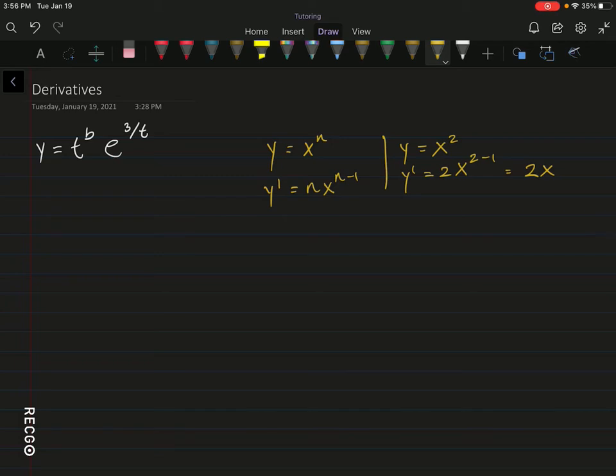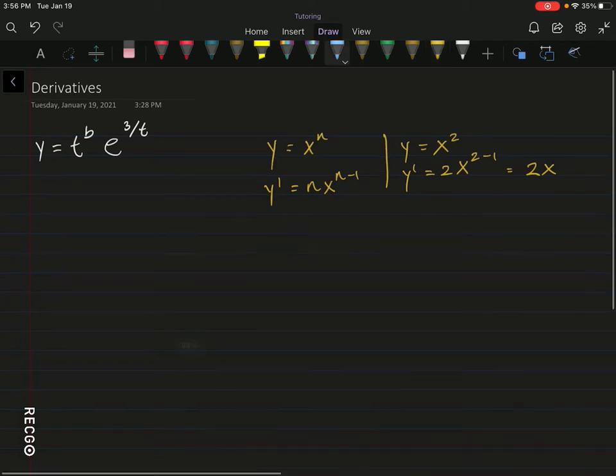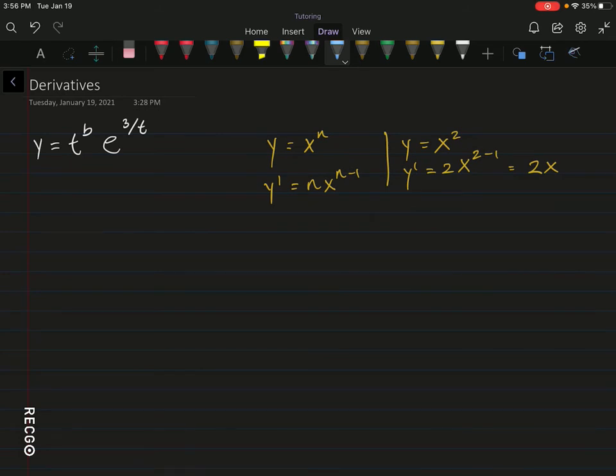So when taking the derivative of this example, we notice that we have 2 independent variables. These are our independent variables right here. So you have a function of y of t, y being the dependent variable, and t being the independent variable.